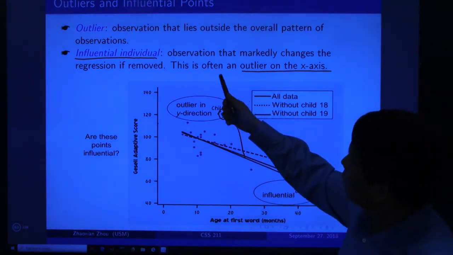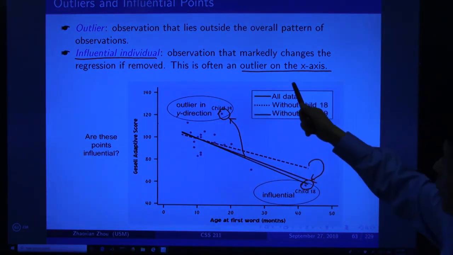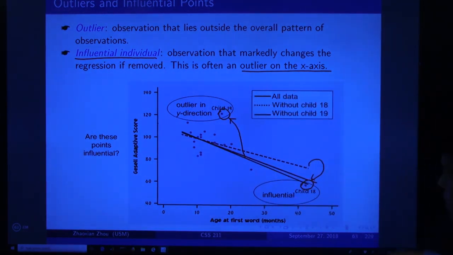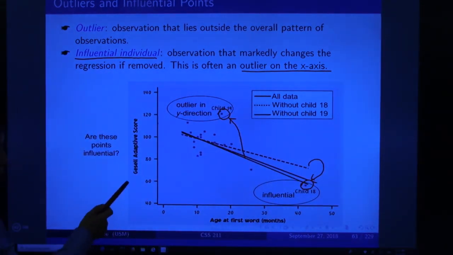That's why usually an influential individual is an outlier on the x-axis. So next time in the scatter plot, if you see an outlier on the x, for example this one, or maybe another one around this point, then most probably these outliers in x will be influential individuals.